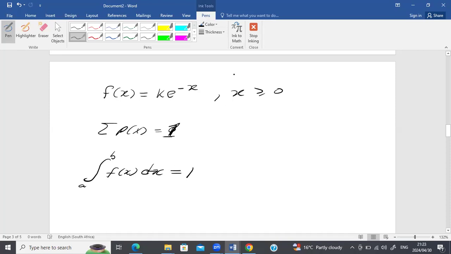Similarly, the same property applies in a continuous case. So for us to find the value of k, we need to integrate this function and equate it to 1.